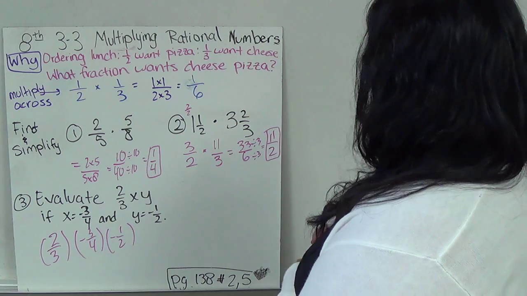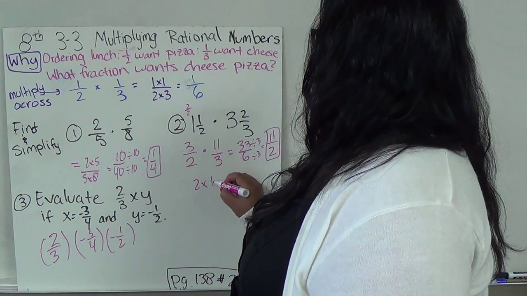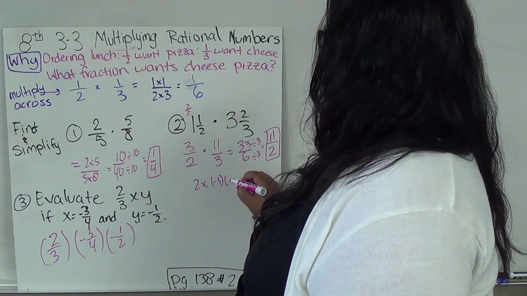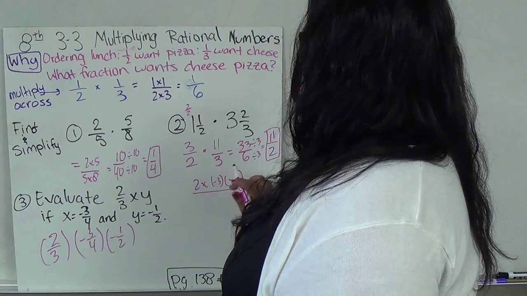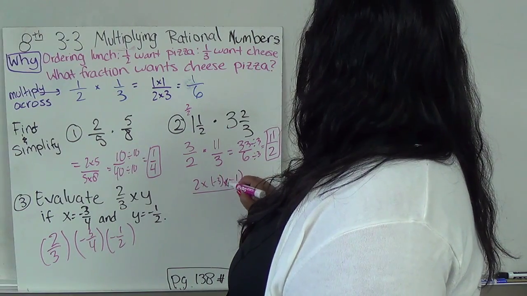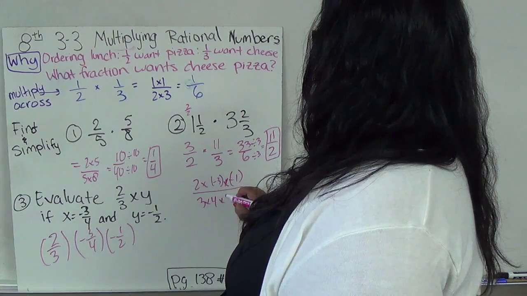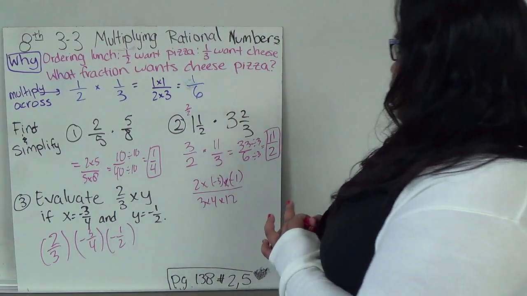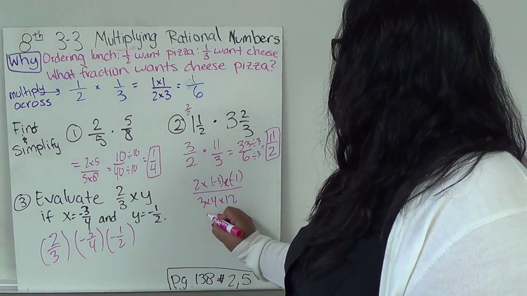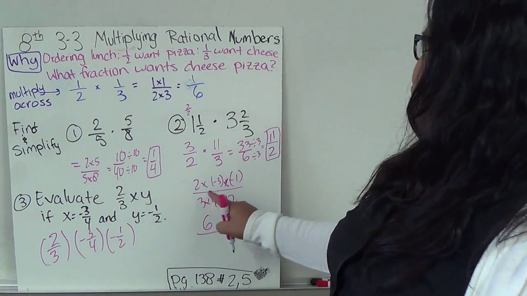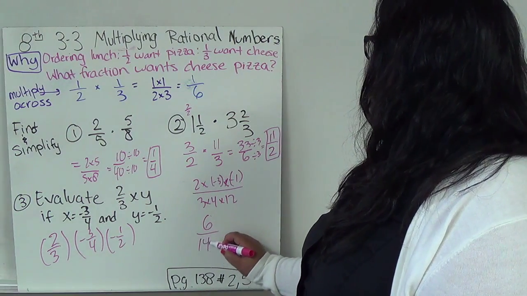So what that's going to look like, it's going to be 2 times -3 times -1 over 3 times 4 times 12. So 2 times -3 is -6 times -1 is +6, and 3 times 4 is 12 times 12 is 144.